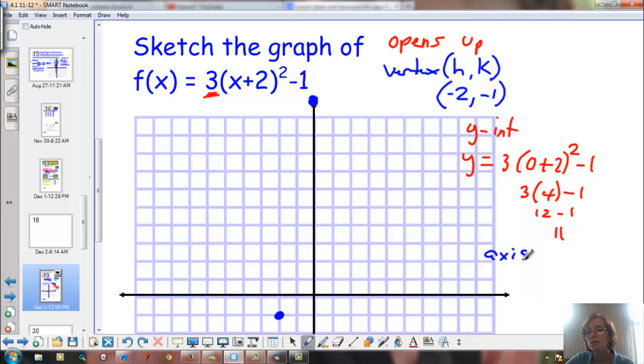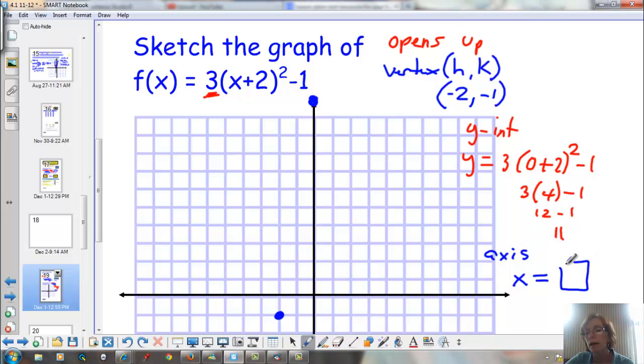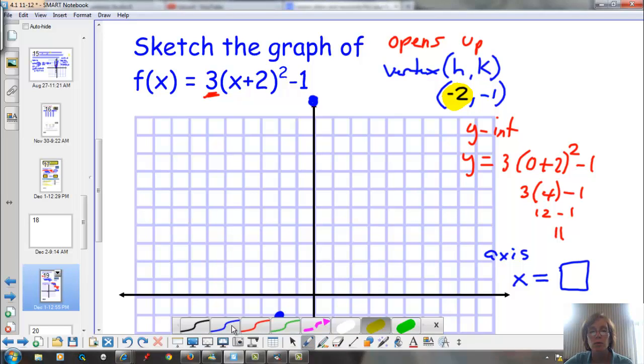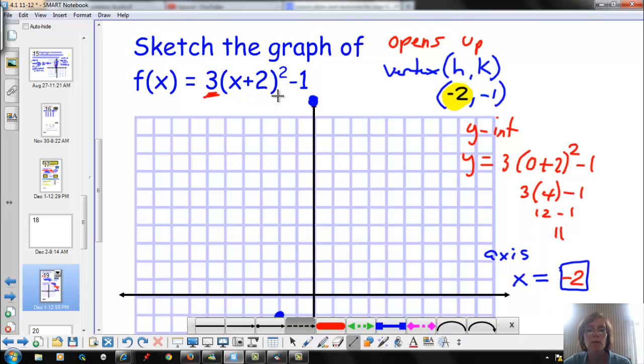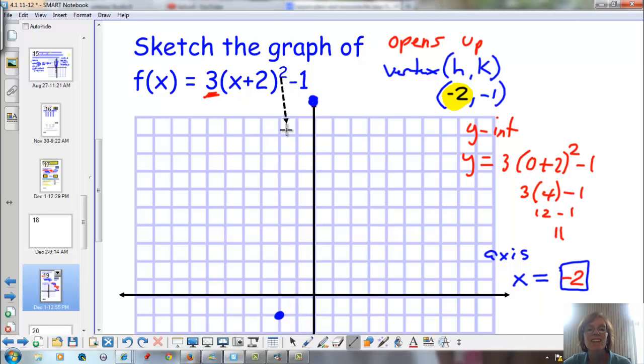The axis of symmetry is going to be a vertical line, so it's going to be x equals some number. And to find that number, it's always going to be the x coordinate of our vertex. So it's going to be x equals negative 2. All right? And x equals negative 2 is this vertical line right here that is going through our vertex.